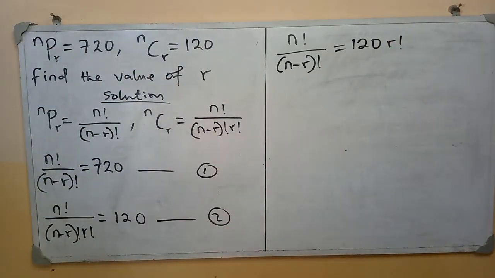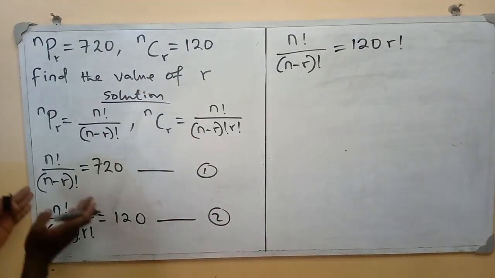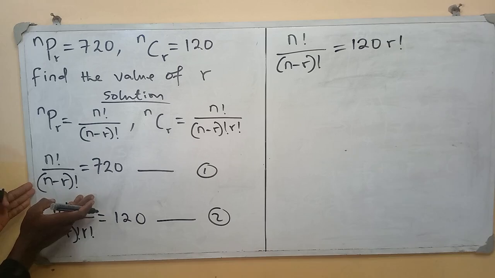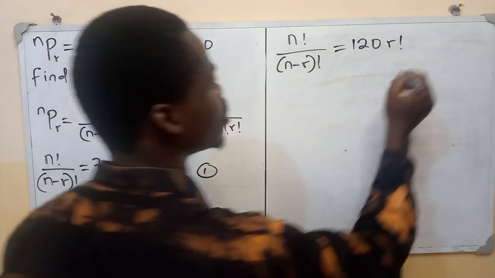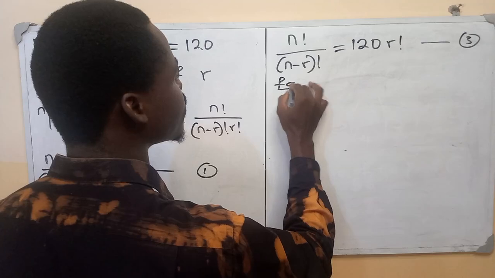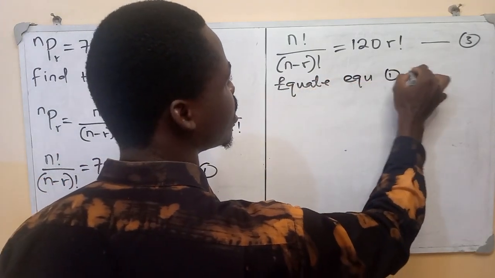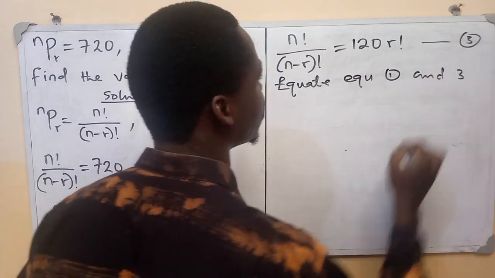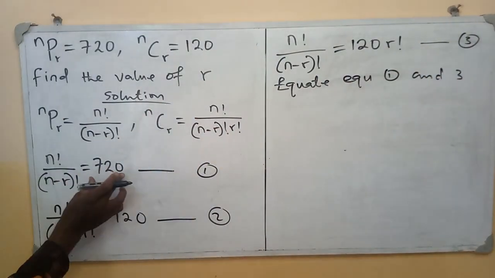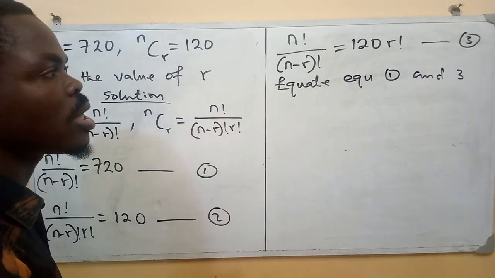Okay, so you can now see that the left hand side of the second equation is now equal to the left hand side of the first equation. So let's call this equation 3. So equate equation 1 and 3. To do that, I'm going to write 720 is equal to 120 r factorial.